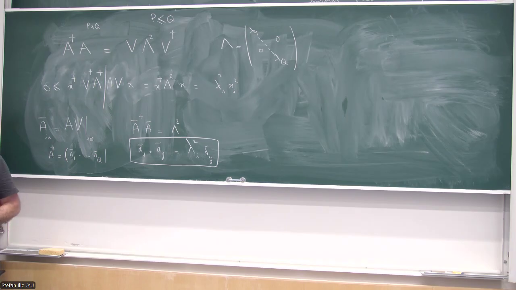This family is made out of vectors that are orthogonal. Not yet normalized, they will be in a second.